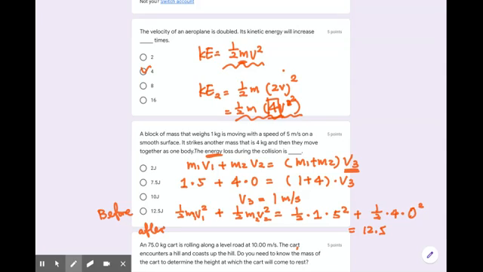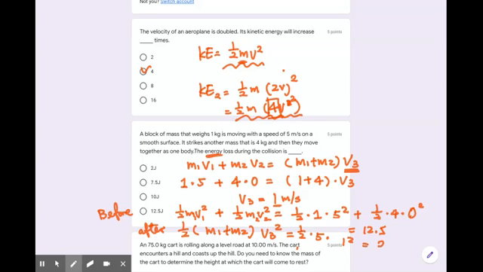After collision, the objects are together. So half m1 plus m2, they move together, times v3 squared is the kinetic energy they have after collision. It's half times 1 plus 4 is 5 times 1 squared, right? Because this is a new velocity.